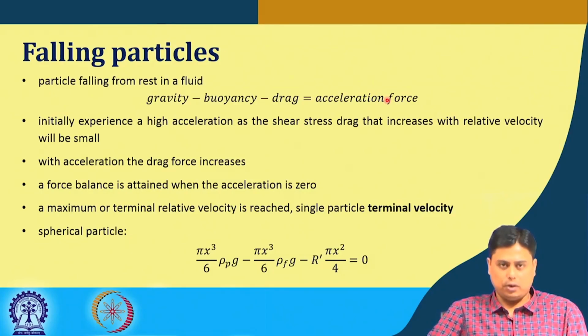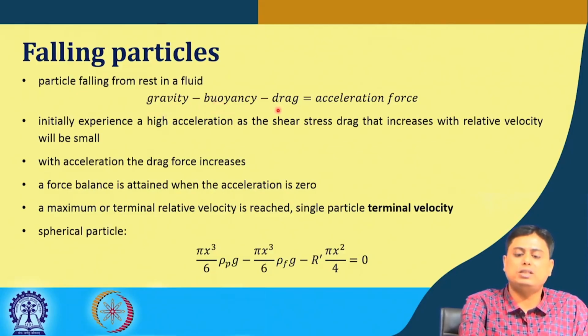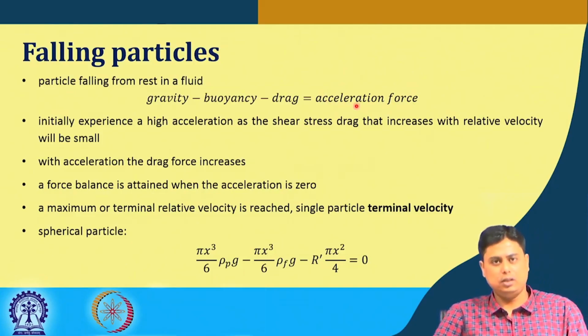So, for a spherical particle, this force balance, gravity minus buoyancy minus drag, equals 0 when there is no acceleration. This balance will give us the terminal velocity value.